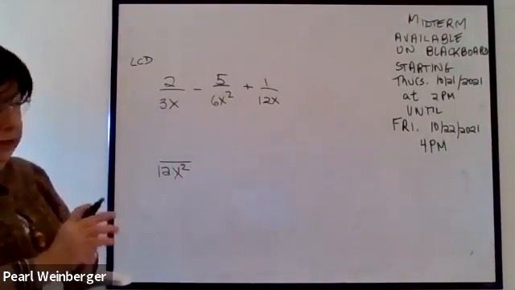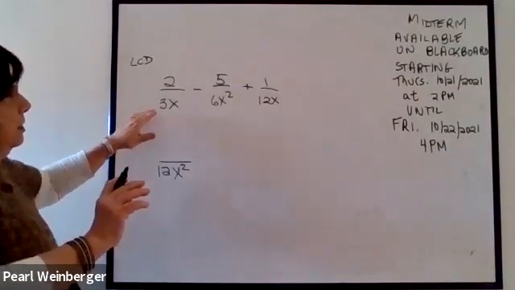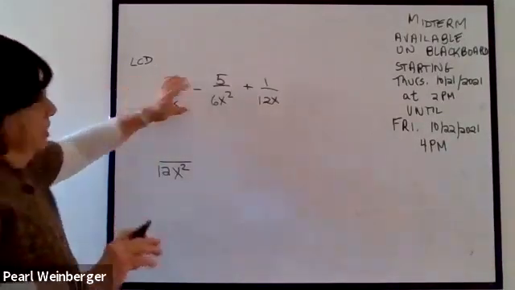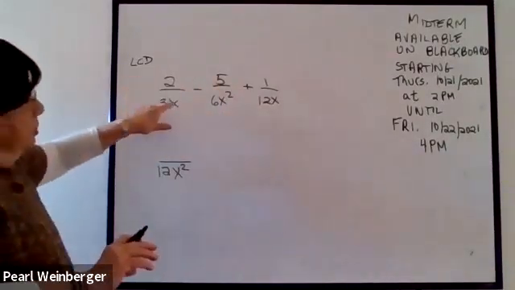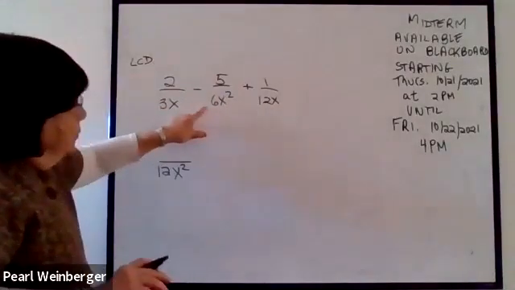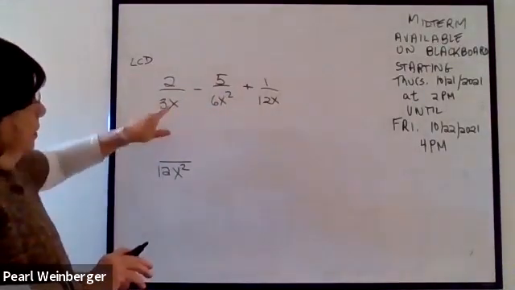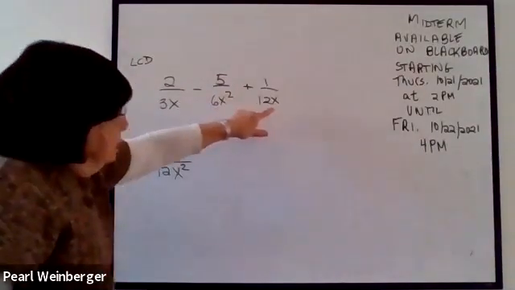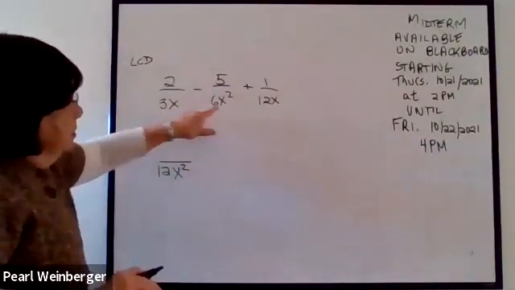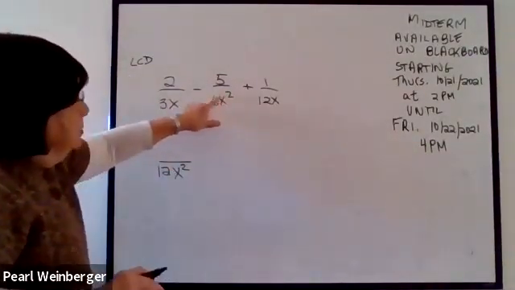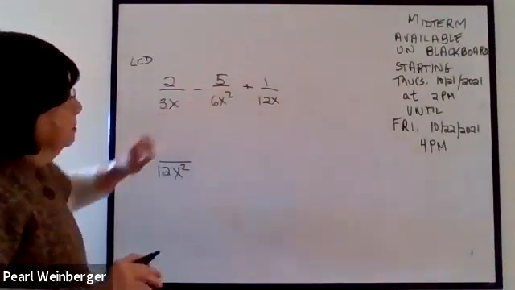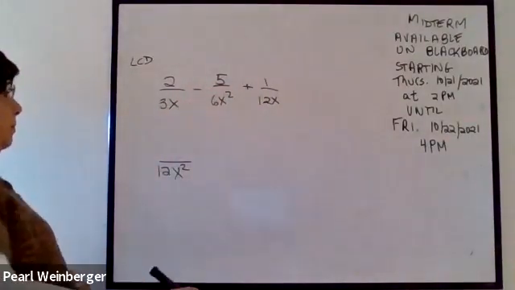So let's go through this again. To find the LCD when everything is monomials, first we'll find the LCD of the coefficients, which in this case is 12, and then find the LCD of the variables by simply taking the highest exponent of the variable that you see.